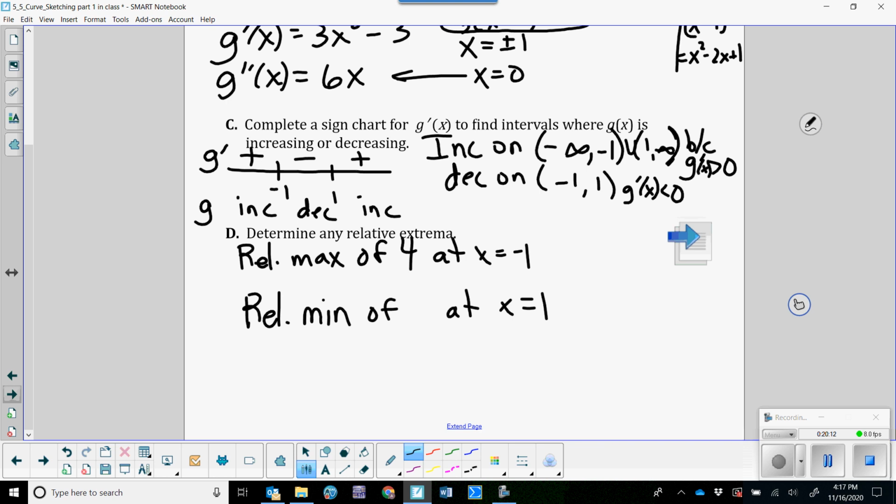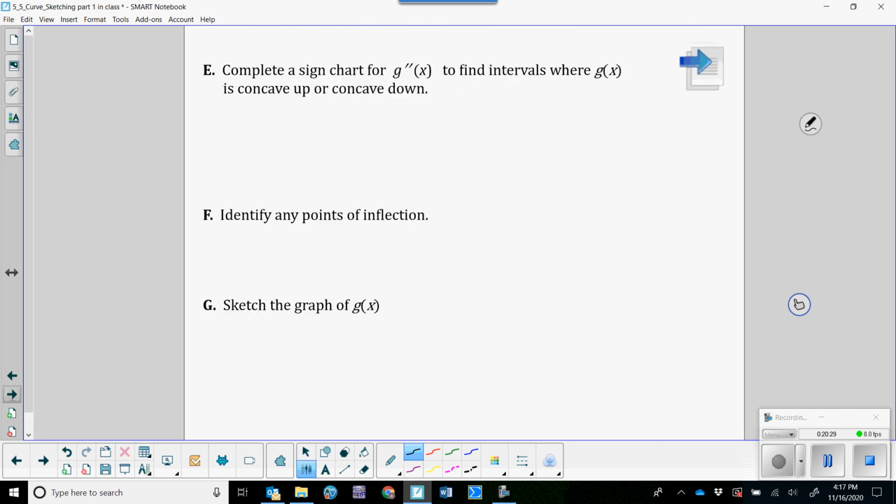So I get a relative min of 0 at x equals 1. Okay? And then my reasons would be because g prime changes from positive to negative and negative to positive, to give you reasons. Okay? E wants me to do a sign chart for g double prime.